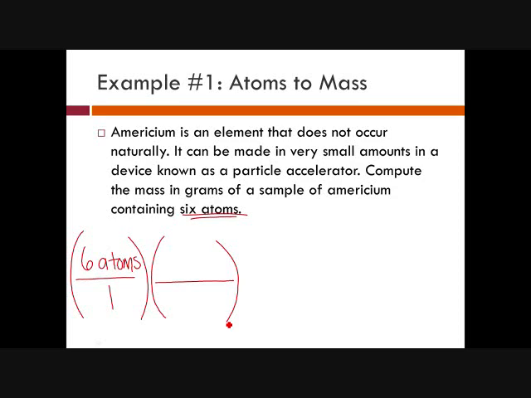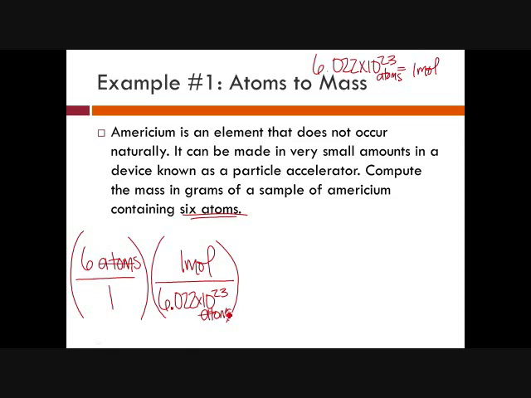So the conversion is 6.022 times 10 to the 23rd equals 1 mole. Those numbers are what we're going to plug into the second parenthesis. Where will Avogadro's number go, in the numerator or the denominator? We're going to put it in the denominator so that we can cancel out the atoms, and 1 mole will be in the numerator.